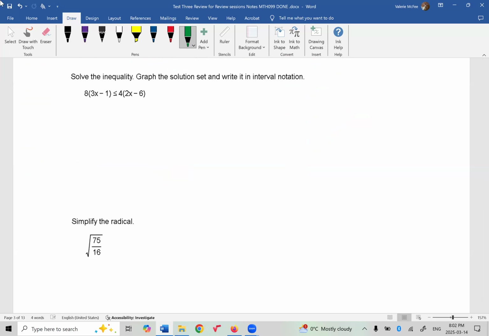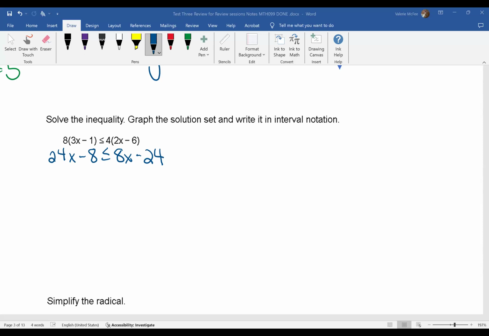Again, if you haven't done this question already, pause the video. The first thing we're going to do is open the brackets. We want all of our terms with x on one side, and all of our terms without x on the other side.